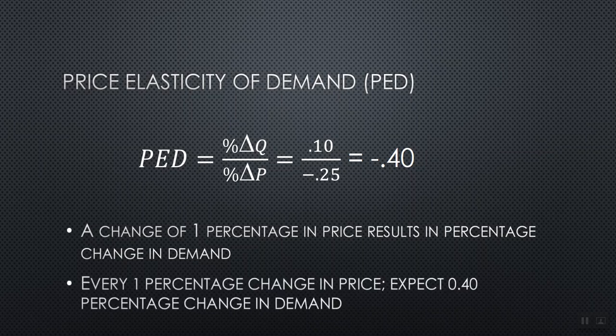In this case, a 1% change in price would result in a 0.4% change in demand. As price goes down by 1%, we expect demand to go up by 0.4%, and vice versa.